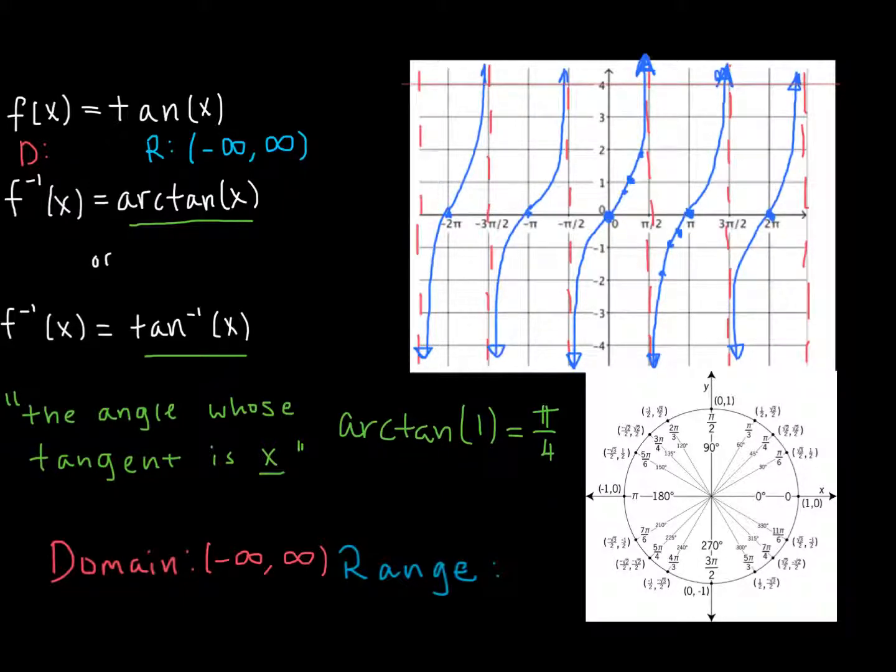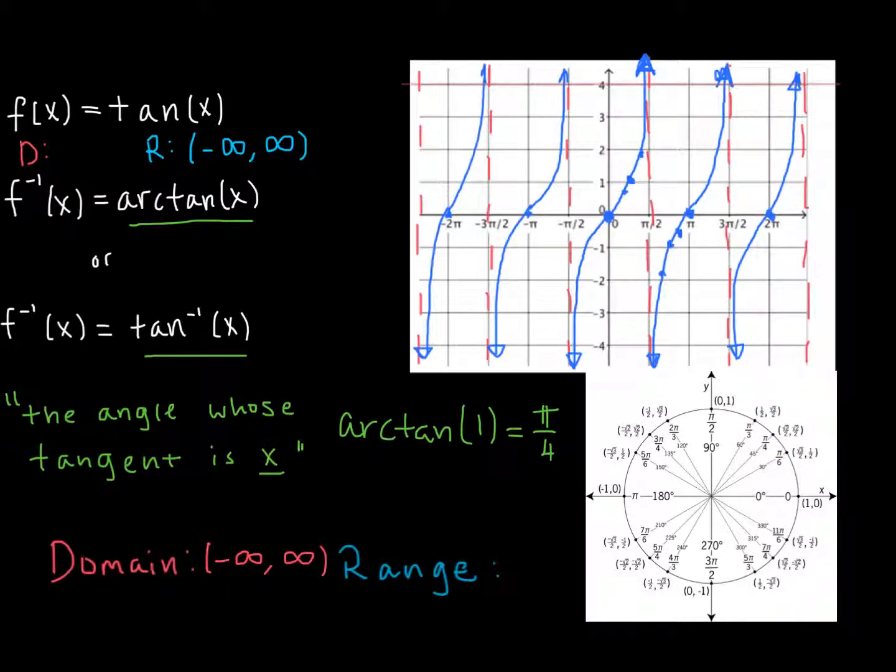And so we need to restrict ourselves to a portion of the graph where we'll get all the values of tangent, but we'll only get them one time. So to help us with this, let's look at our unit circle, and let's consider what part of the unit circle I have to look at in order to make sure I get all the possible values of tangent. So consider first the first quadrant.